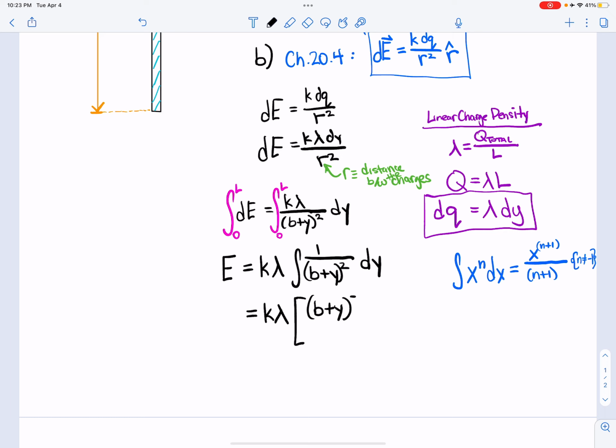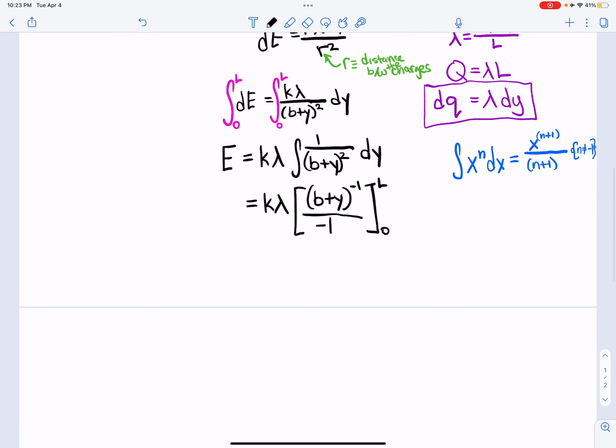Negative 2 plus 1 is -1, all over -1, from 0 to L. So I'm going to be left with negative k lambda, and then b plus y to the -1 is just 1 over b plus y, from 0 to L.